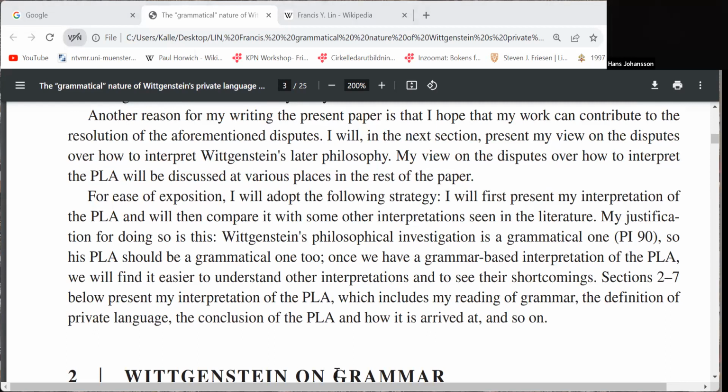Another reason for my writing the present paper is that I hope that my work can contribute to the resolution of the aforementioned disputes.